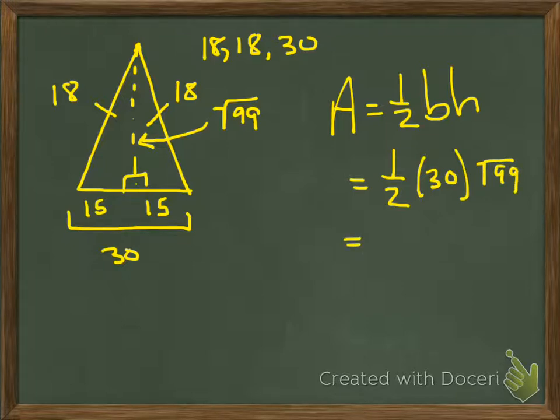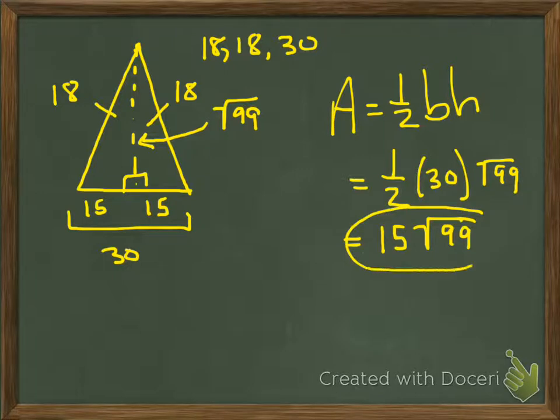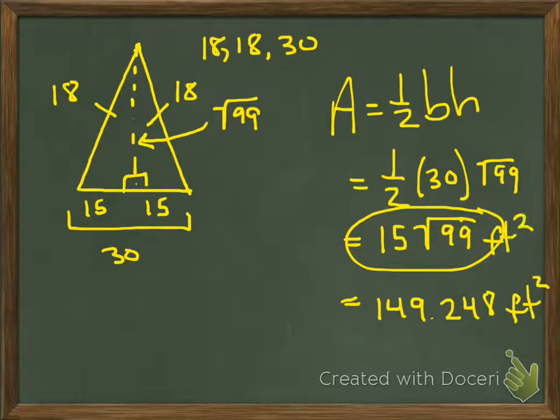So 1/2 times 30 is 15 times the square root of 99. Right? So this is your exact answer right here. And if you use the calculator to simplify it, you should get 149.248 feet squared. And this is feet squared also. All right?